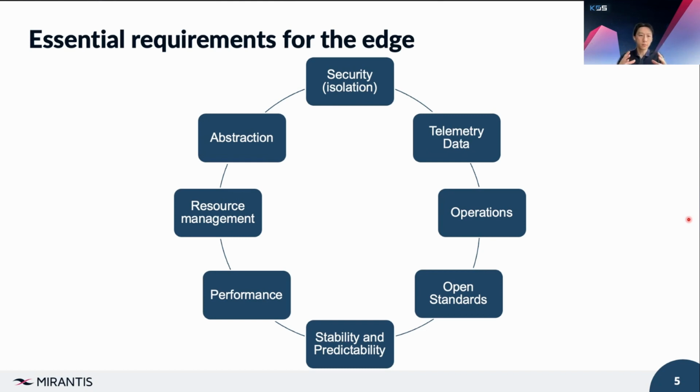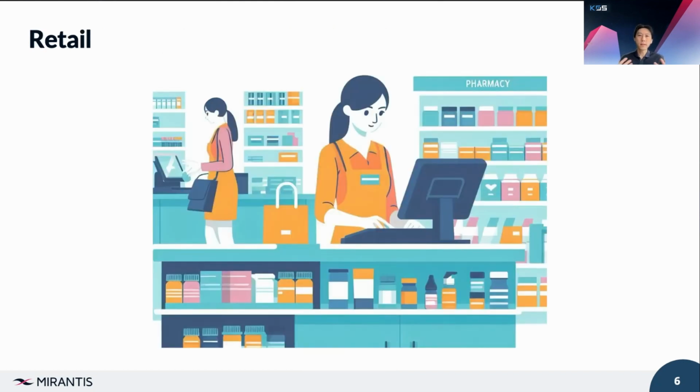edge. If we know then we're gravitating towards Kubernetes, let's look at how that will play within the different scenarios when we talk about edge compute. So first of all, let's look at retail, which is, of course, related to our everyday life.